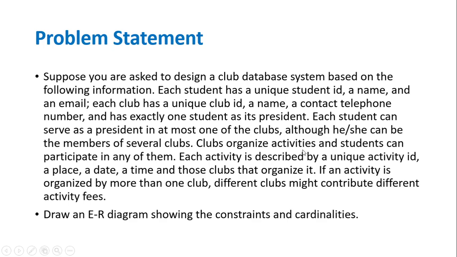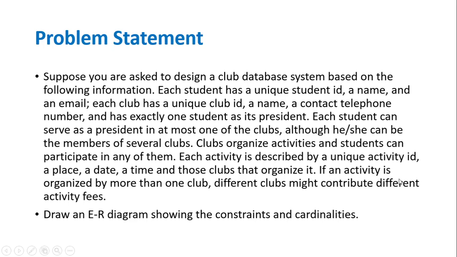Clubs organize activities and students can participate in any of them. Each activity is described by a unique activity ID, a place, a date, a time, and those clubs that organize it.